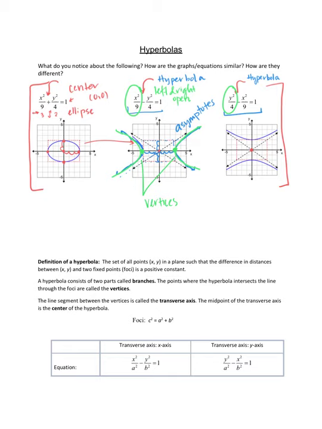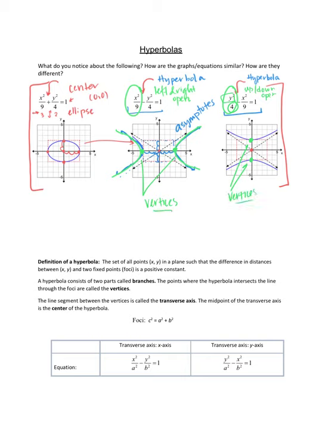So if you look at the second or the third equation, it has a 4 here. Again, that's smaller than a 9. But what's telling us to open up and down is because y is coming first. And so these points that I'm pointing to here are going to be the vertices.